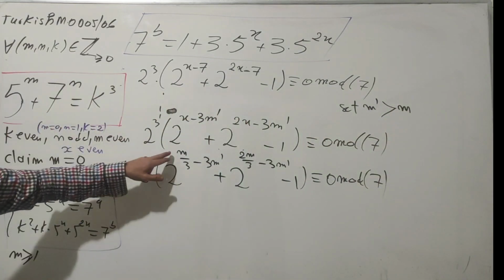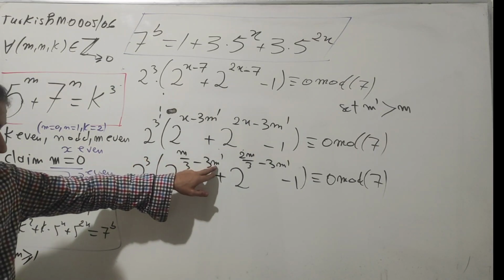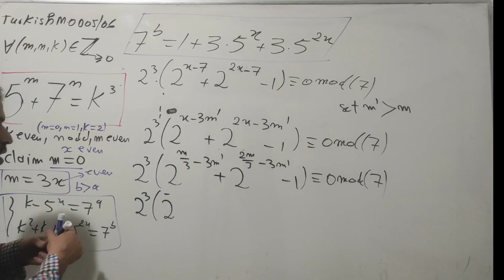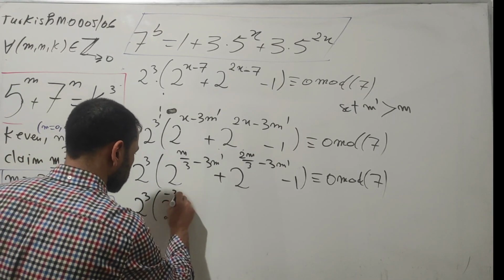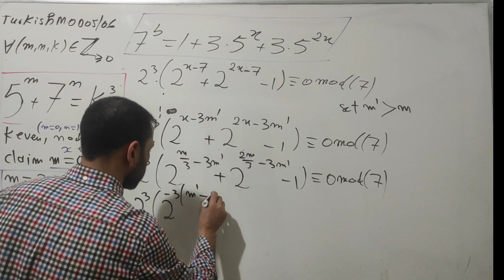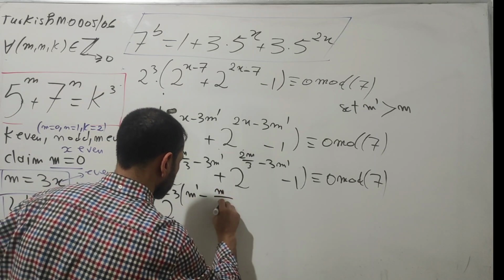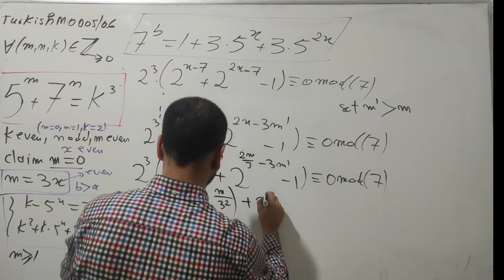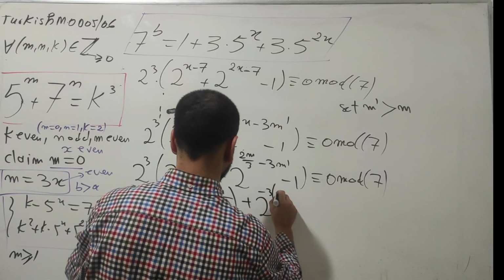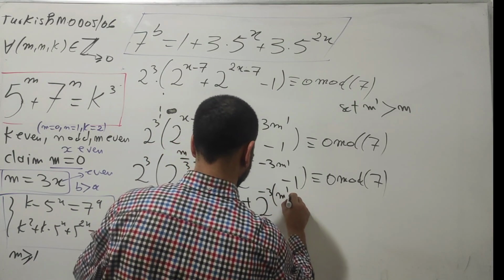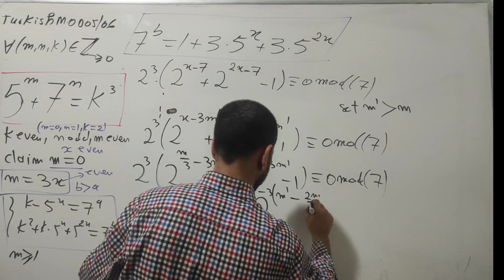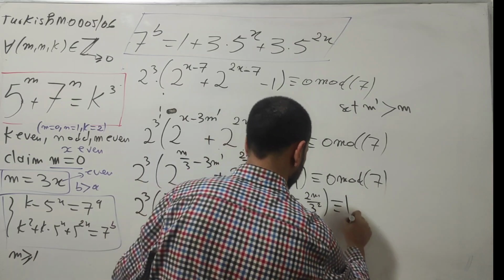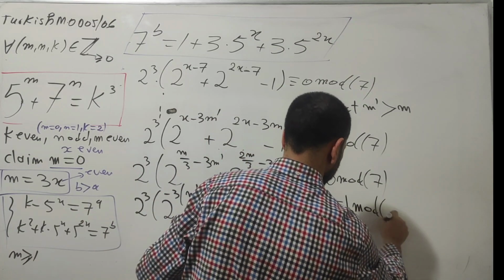because as we said, m is a fixed value. This one keeps going up. I'm going to take negative 3 as a common factor here. So I get 2 to the minus 3 times (m prime minus m over 3) plus 2 to the minus 3 times (m prime minus 2m over 3) is congruent to 1 mod 7.